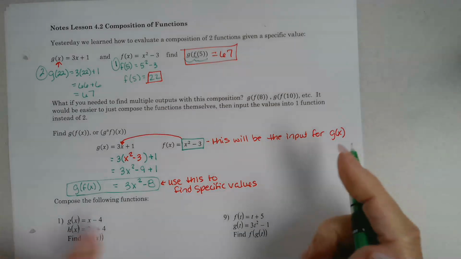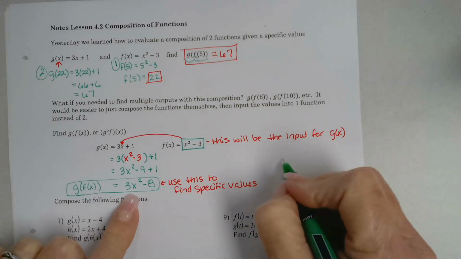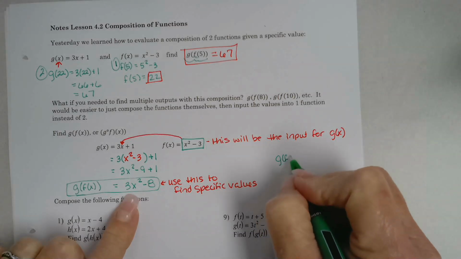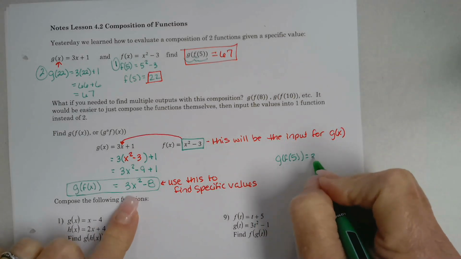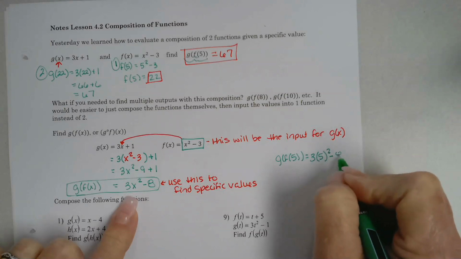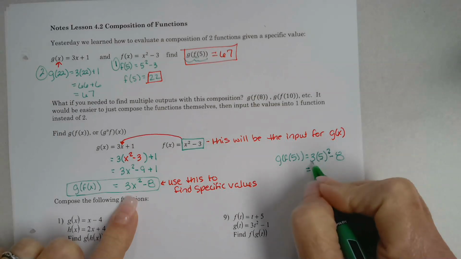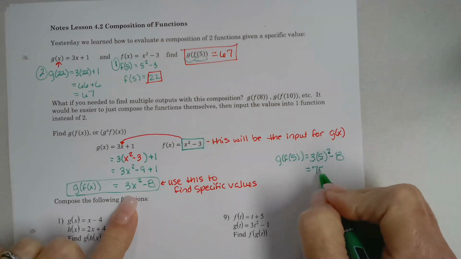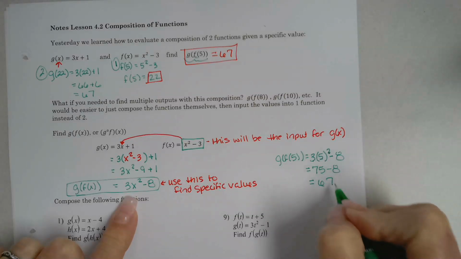All right, now what we have to do is just plug in g of f of 5 into this rule, 3 times 5 to the second minus 8, and we get 5 squared is 25 times 3 is 75, and 75 minus 8 is 67.